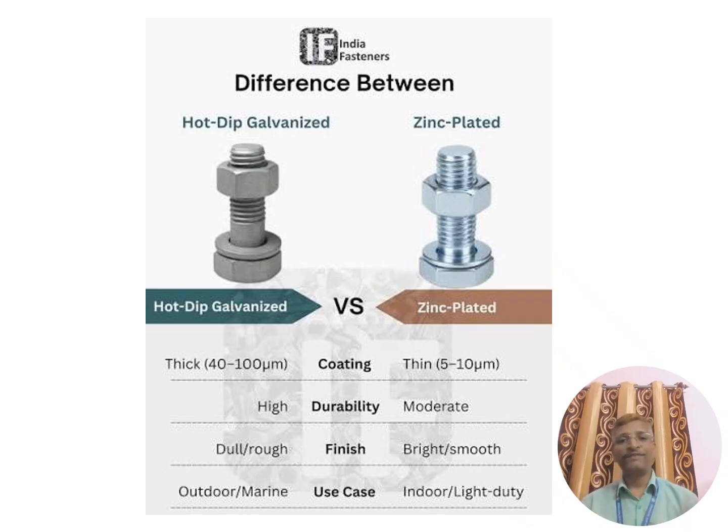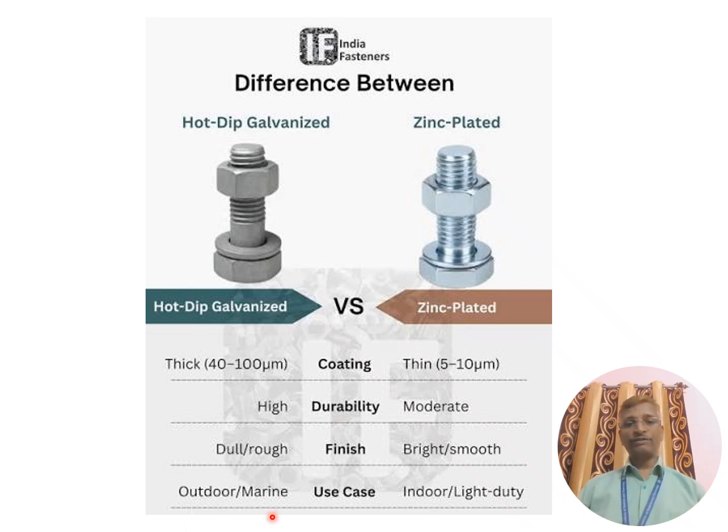Okay, so the difference between hot dip galvanized and zinc plated, just look, very simple. For hot dip, the coating thickness will be 40 to 100 micrometer. Here it is only 10 micrometer, 10 times lower than that. And durability, here it is very high, here it is moderate. Look at the object first. Then dull and rough finishing here, bright and smooth finishing there.